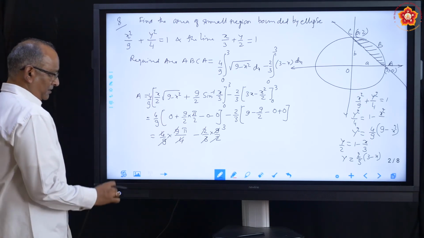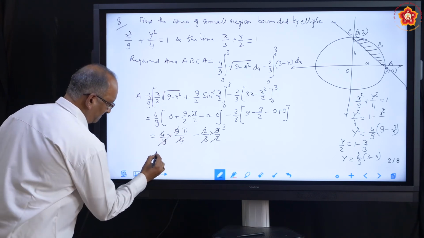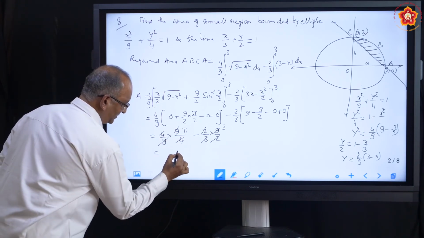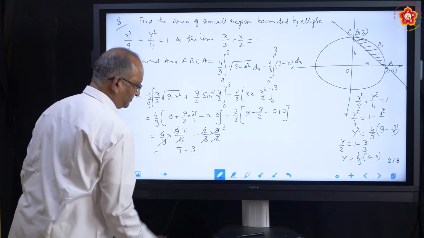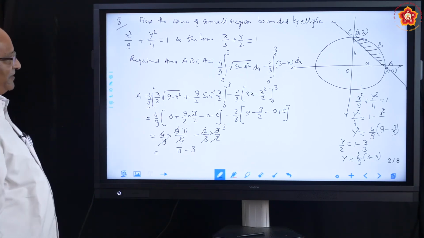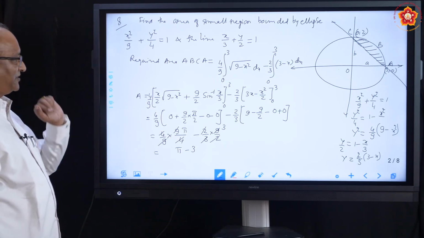Okay, so what is left? It is pi here minus 3. Just once verify. Once you verify, because there are lots of calculations.